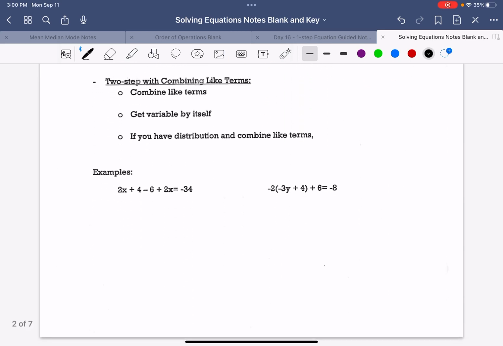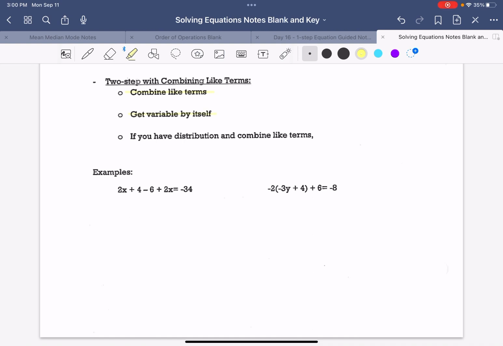We now have two-step equations with combining like terms. Kind of going back to the beginning of the semester when we reviewed, the first thing you're going to do is combine like terms, okay? Then you're going to get the variable by itself.